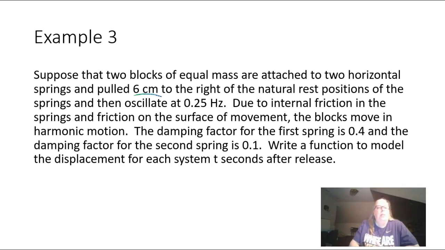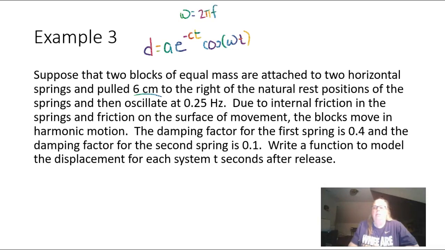All right, so the one I'm going to use for my model is going to be D is equal to the amplitude A times e, and that is e, not the variable, but e, the number, the 2.71828 number, to the negative c times t power, and then c, that's just your damping constant, times the cosine of omega times t, and then remember we said omega was actually equal to 2 pi times the frequency.